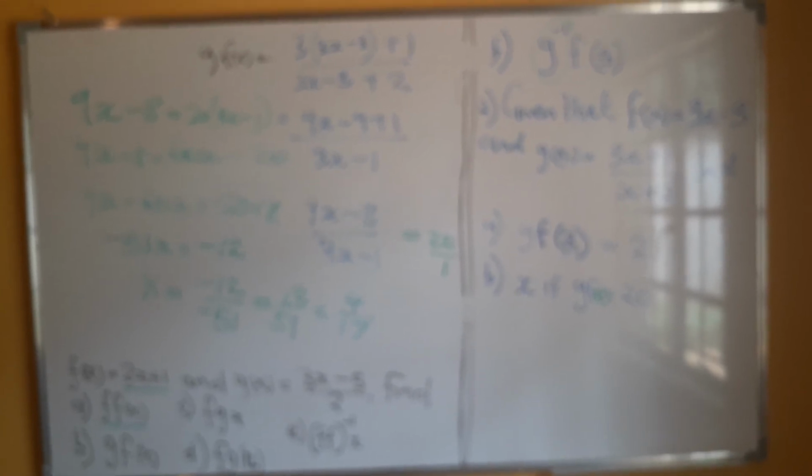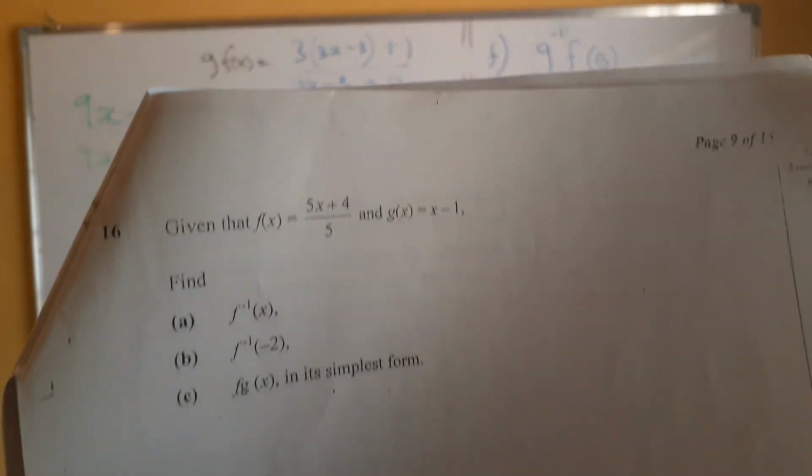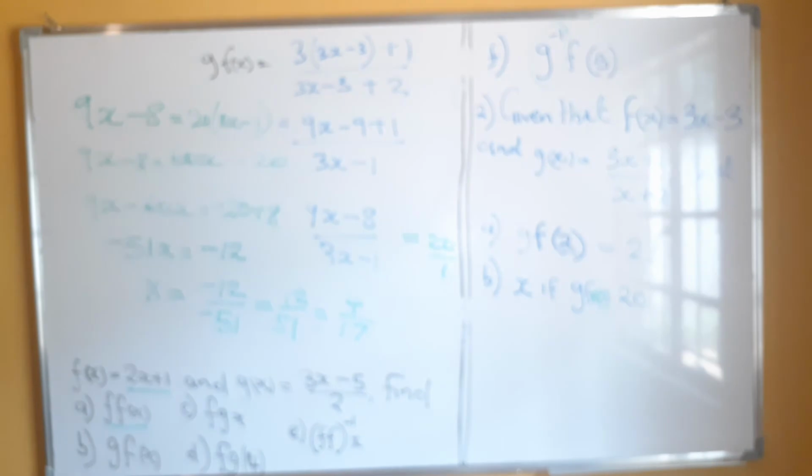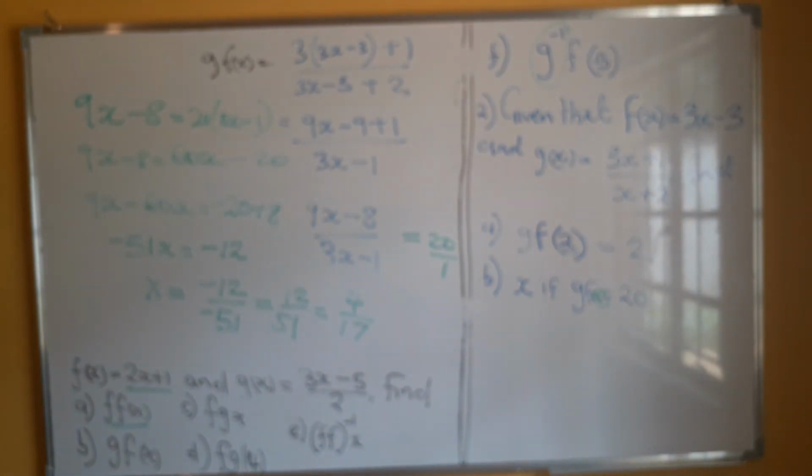The other one is also this one here. Okay, let's do this question. I'm bringing the other one also. They have the other part which we already looked at in the other lesson. The inverse part.